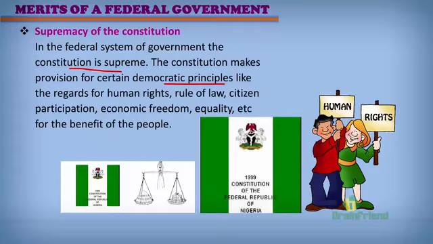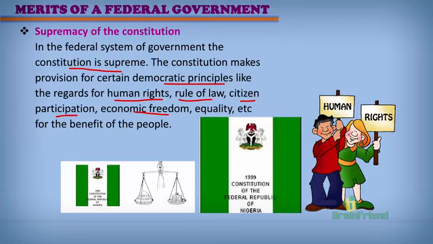They are supposed to act within the powers provided for them and stipulated in the Constitution. And so things like regard for human rights will play out. There will be rule of law in that nation. The citizens will participate, and there will be economic freedom and equality. It means that people's rights will be respected. Everyone will be seen as equal in the courts and even in society. No one will be seen as bigger than the other.